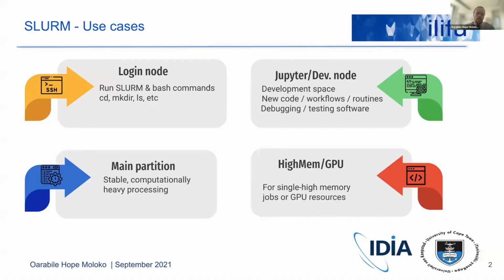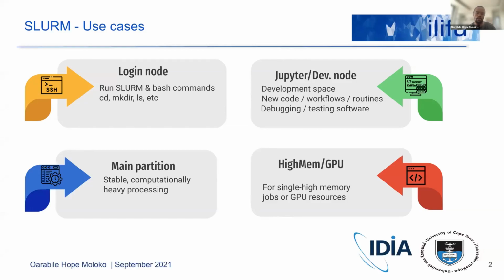I will start by reiterating the use cases I mentioned in the basic training session. We have our login node, the Jupyter dev node, and then the main partition, the high mem and GPU. As I've mentioned before, the login node is basically where you do your basic admin stuff, running bash commands and SLURM commands.